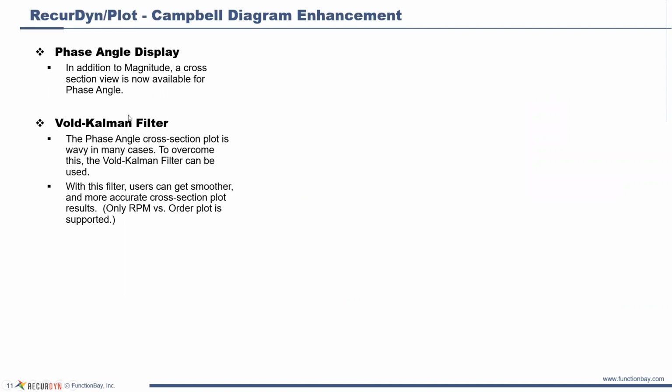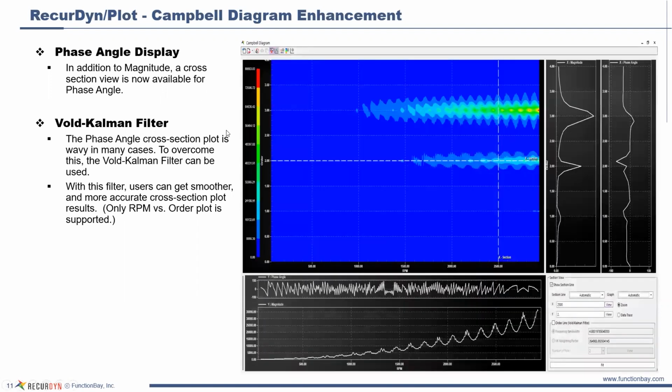The next enhancement is to the RecurDyn plotting of the Campbell diagram. So this is what the diagram looks like. There's now a phase angle display, which is sort of a cross-section of the contour plot that's shown in the main window here.